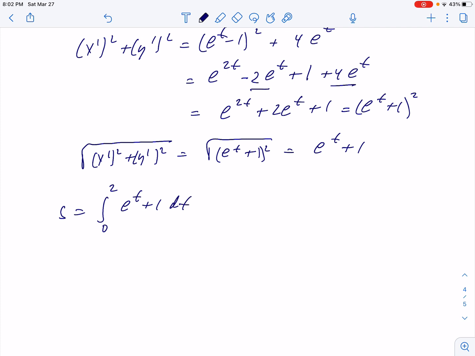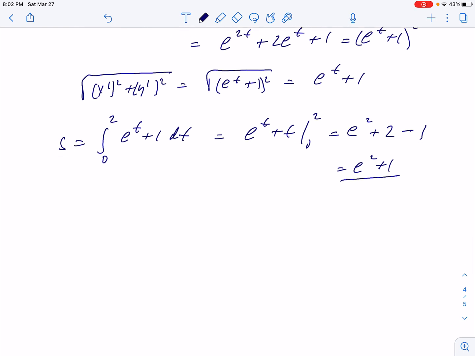Very simple. We integrate e^t plus t between 0 and 2. So this is e squared plus 2, minus the value at 0, which is 1, and t at 0 is 0. So that's it: e squared plus 1 is the arc length. Very good.